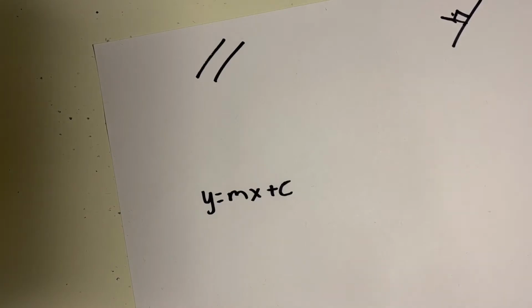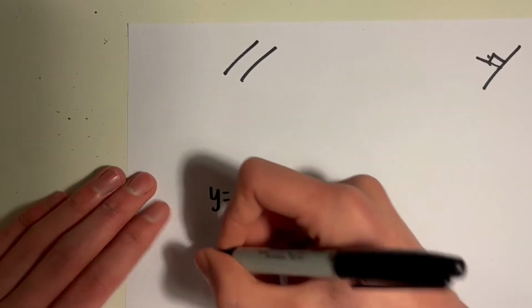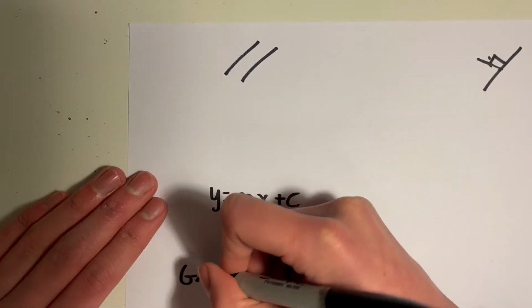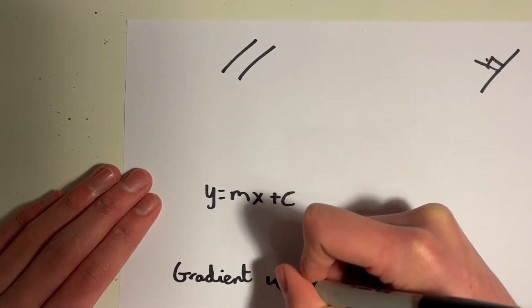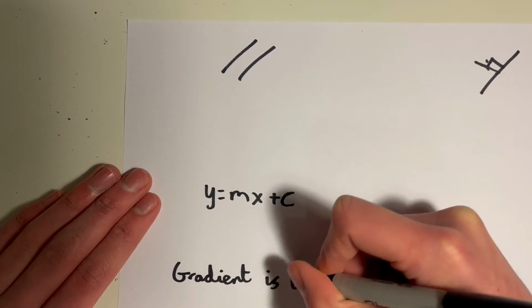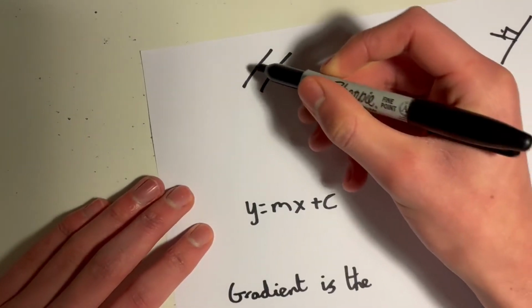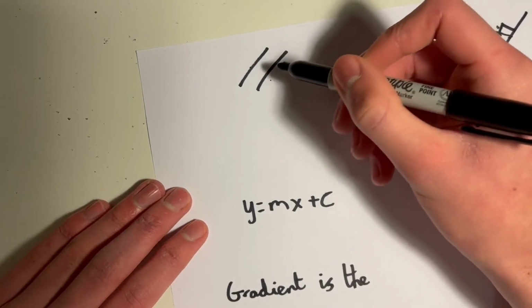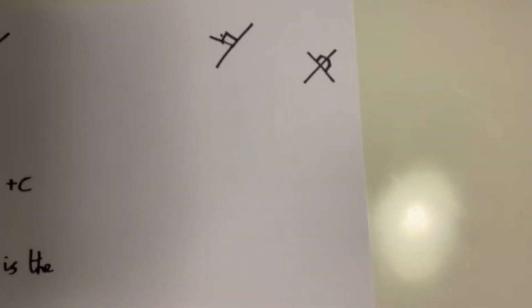However, if they're exactly the same, bosh, they're going to be straight forever. So parallel lines, gradient is the same. So if the gradient of this line was 2, the gradient of that line, if they're parallel, would also be 2.